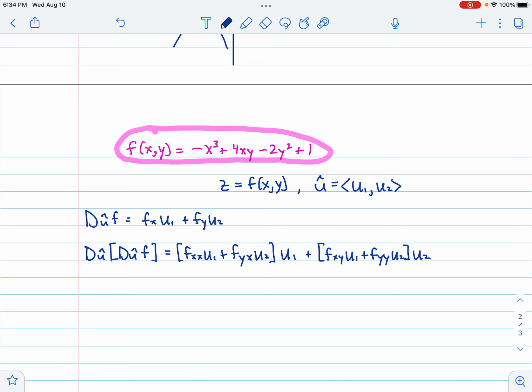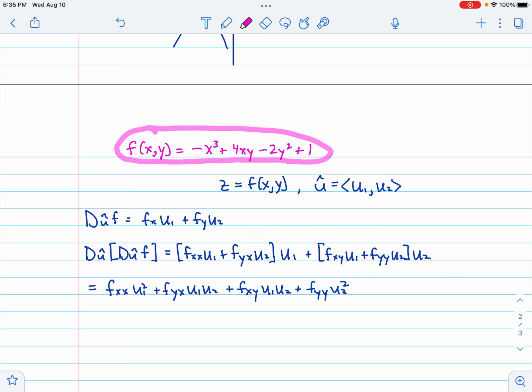Now let's clear parentheses here and see what we've got. This is the second derivative. We've got fxx u1 squared, plus fyx u1 u2, plus, now we're over to this one, fxy u1 u2, plus fyy u2 squared. I'm just clearing the parentheses.